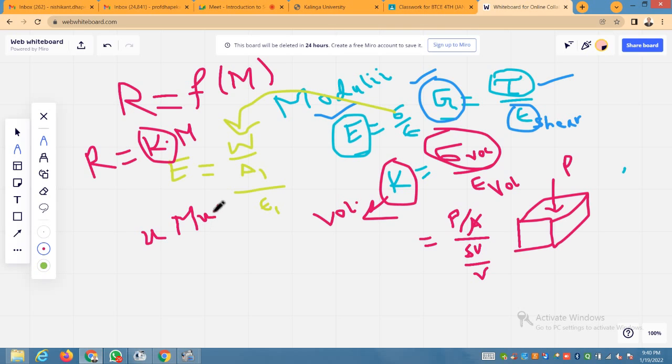This mu stands for Poisson's ratio. With the help of this Poisson's ratio mu, we can easily develop the relationship between E, G and K.